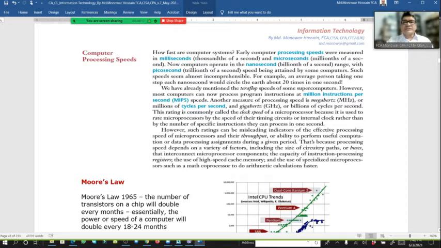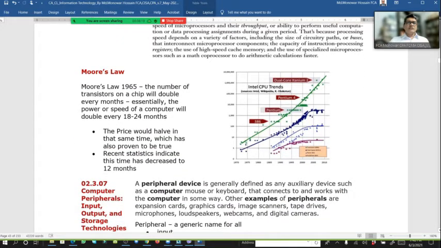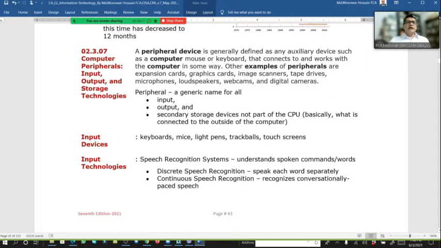So here we can say that speed is going on increasing. Next is computer peripherals: input, output, and storage technology. So what is this? A peripheral device is generally defined as any auxiliary device such as a computer mouse or keyboard.